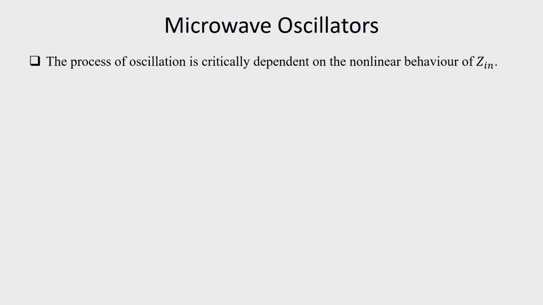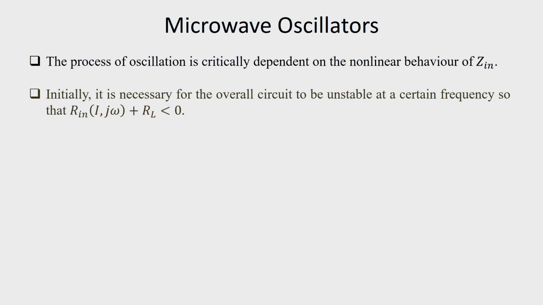The process of oscillation is critically dependent on the nonlinear behavior of Zin. Initially, it is necessary for the overall circuit to be unstable at a certain frequency, so that Rin as a function of I and omega plus RL becomes less than 0.